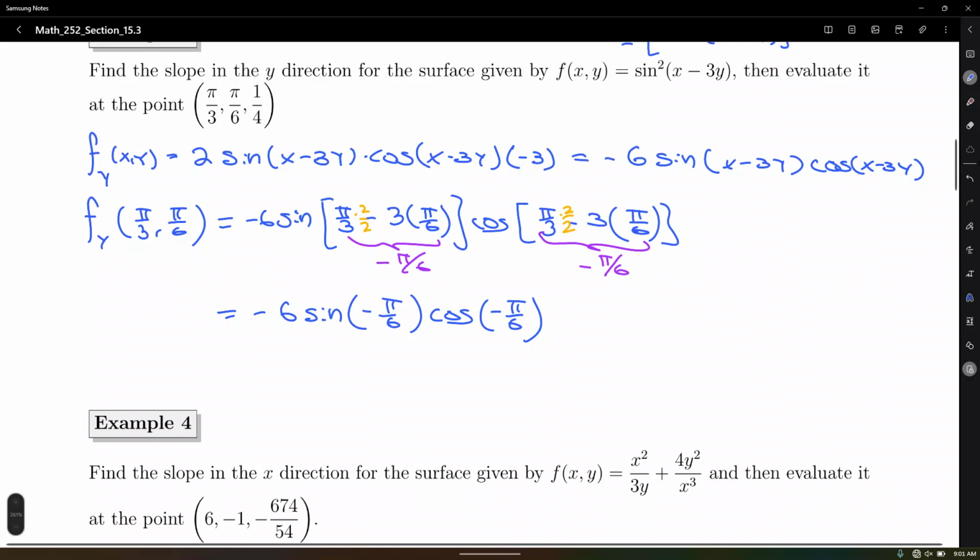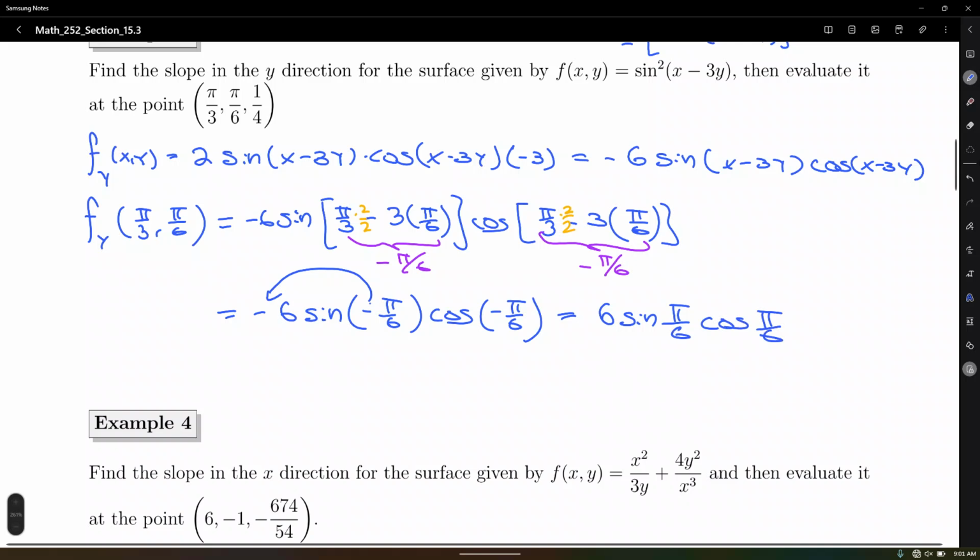That's because the sine function is an odd function, while the cosine function is an even function. So that means if this negative just goes outside, it gets to multiply with the negative to become a positive. Sine pi over 6, cosine pi over 6.